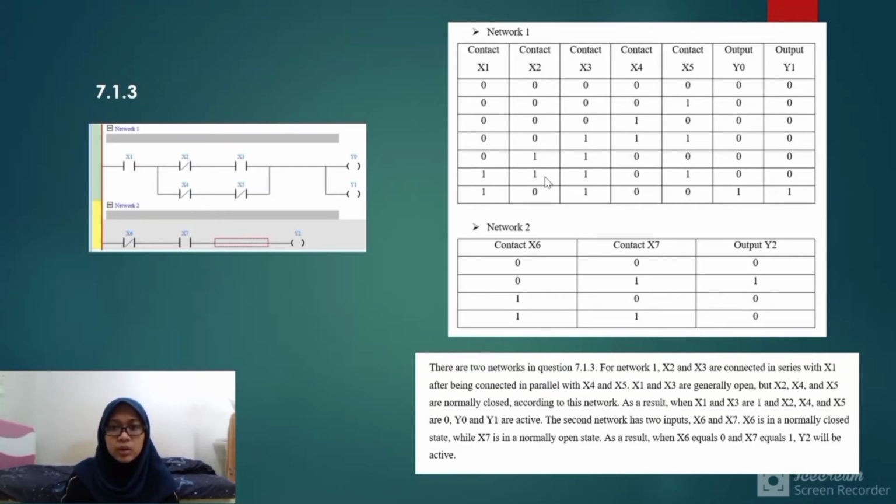For 1, 1, 1, 0, 1, the output for Y0 is 0 and the output for Y1 is 0. When the value is 1, 0, 1, 0, 0, the output for Y0 is 1 and output for Y1 is 1.